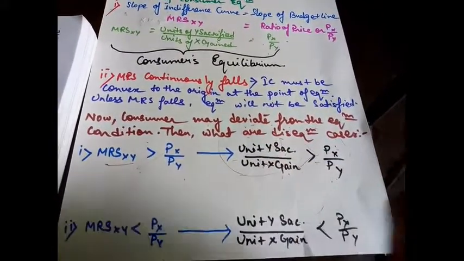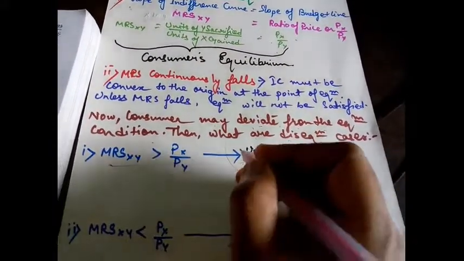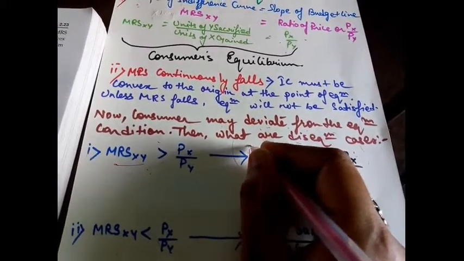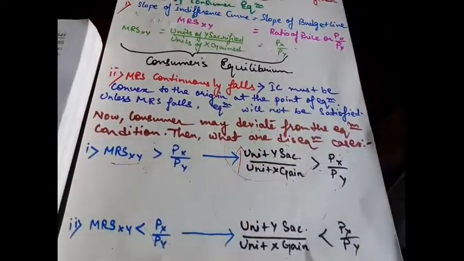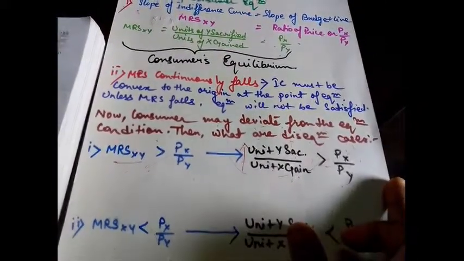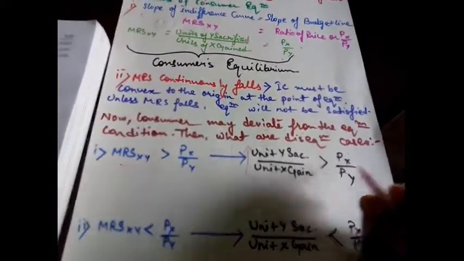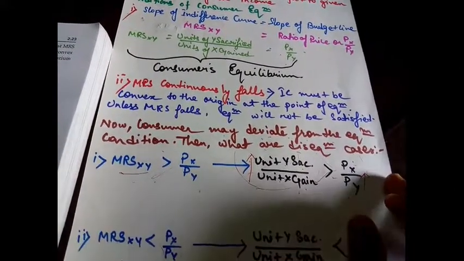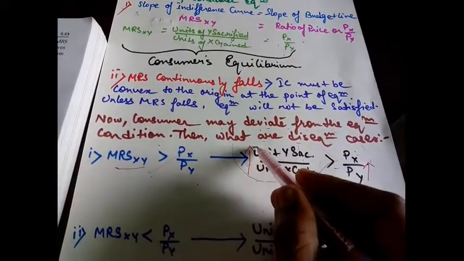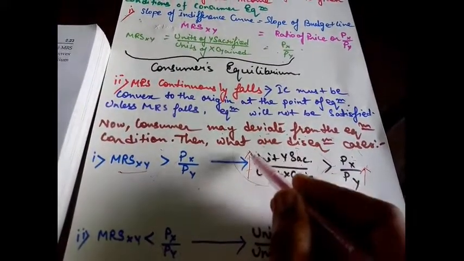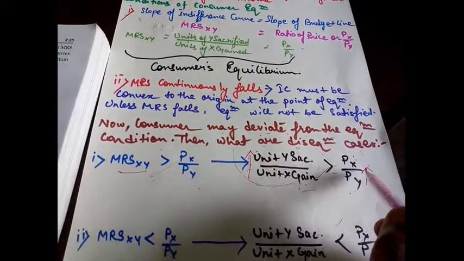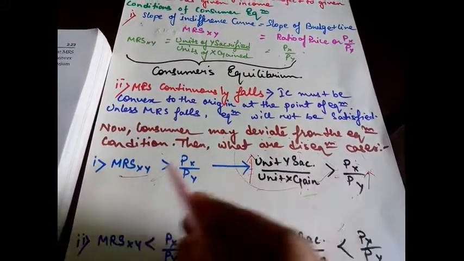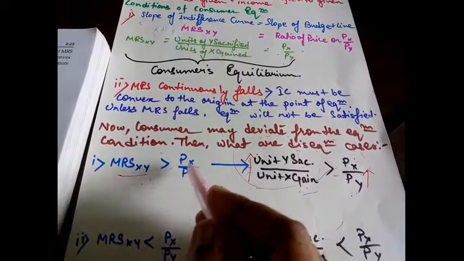Now see students, this total portion is greater, isn't it? Your duty is, this is lower. Your duty is to reduce this whole portion and bring it equal to this right hand side. Then you can tell, okay, MRS of XY is equal to PX by PY.